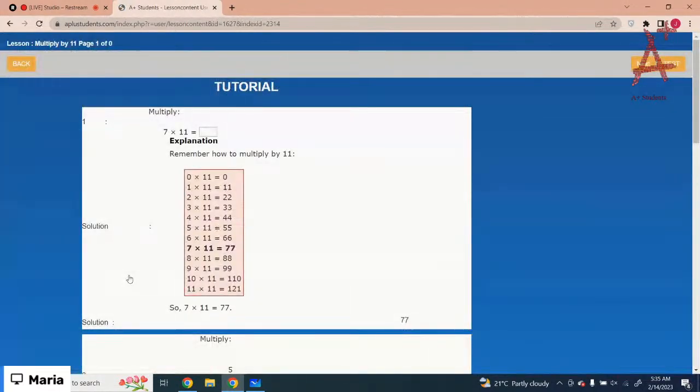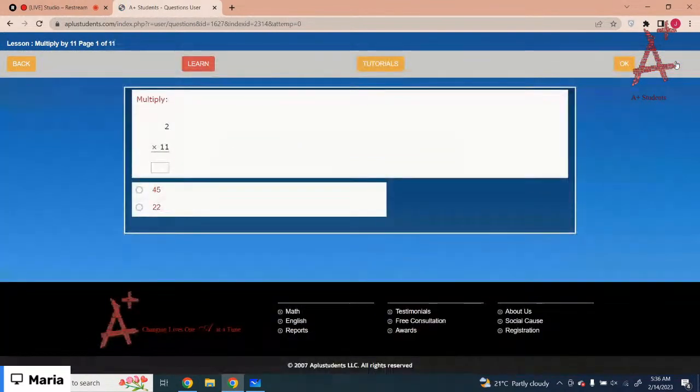We know that any number multiplied by 1 makes the same number. Got it? Okay, 2 times 11 is, 11 times 2 is, yes, very good, it is 22.